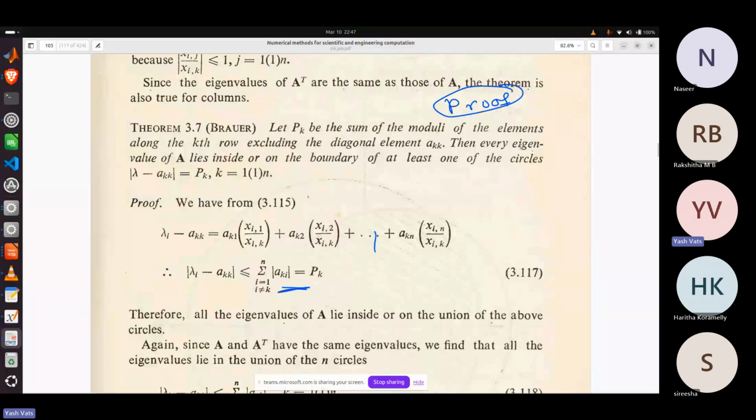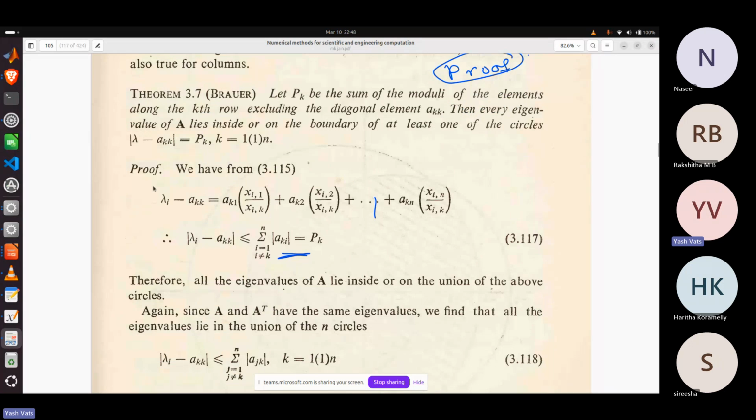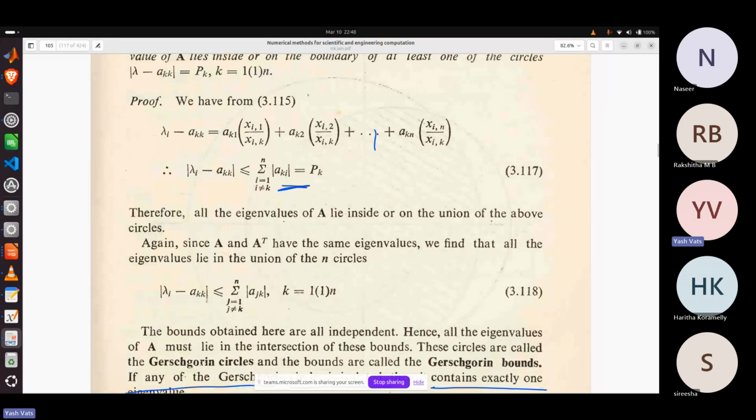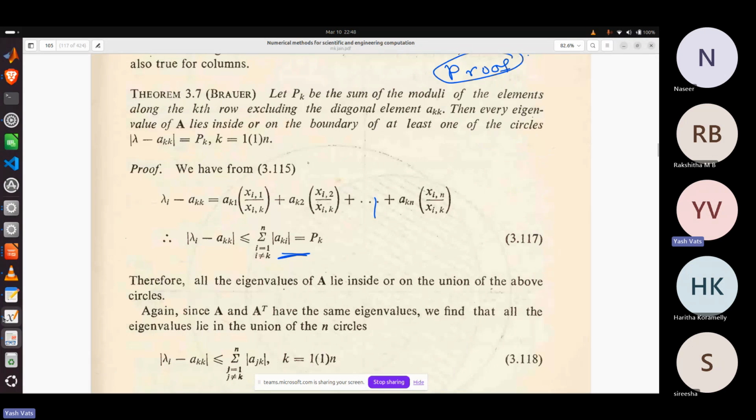Then every eigenvalue of A lies inside or on the boundary of at least one of the circles |lambda - akk| = Pk. So Pk is the sum of moduli of the elements along the kth row, excluding the diagonal element akk.